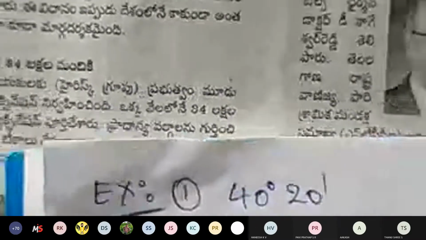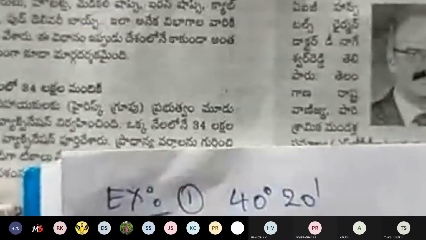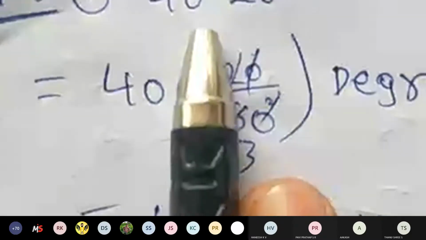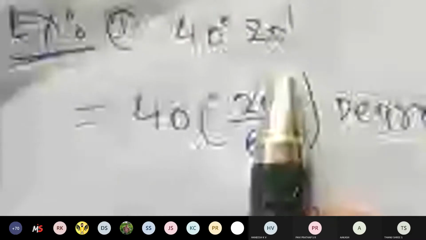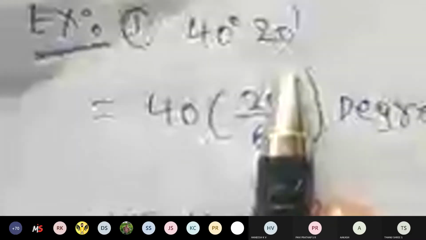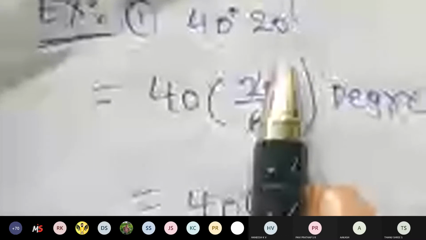Now here, what is given in this problem: 40 degrees 20 minutes. Convert to radian measurement.